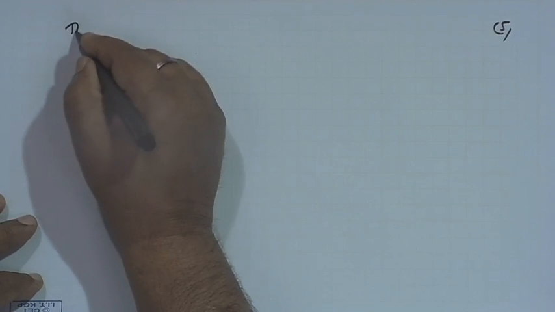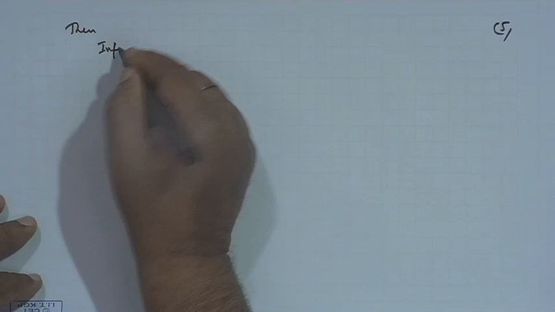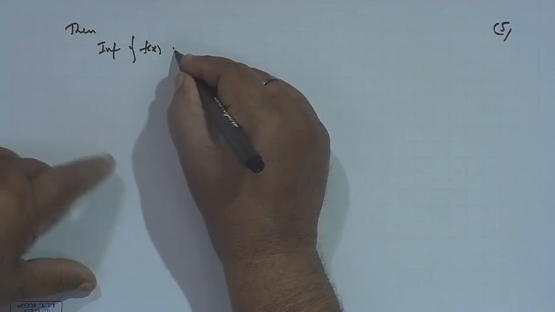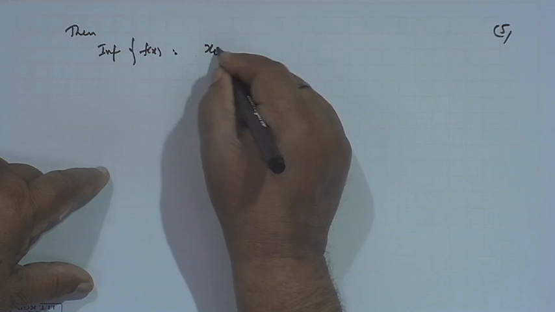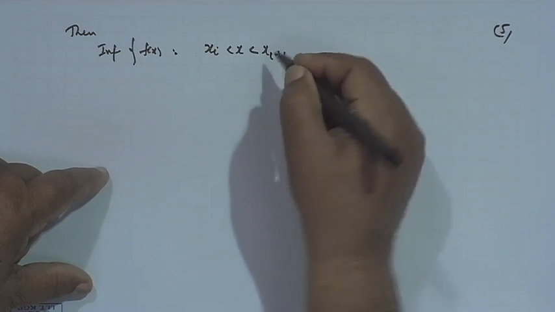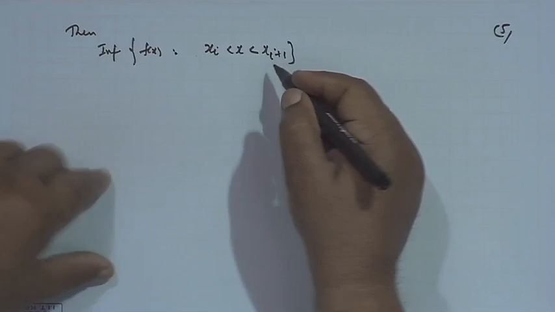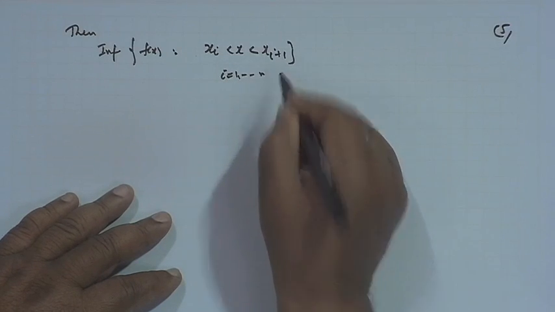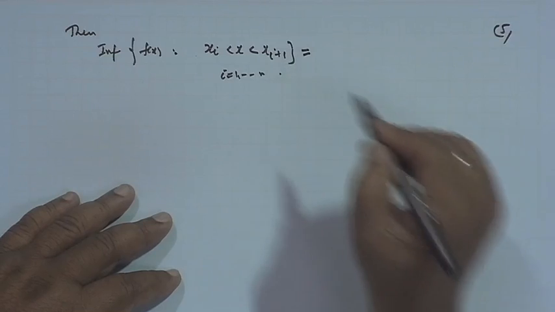Then the infimum of the function f x when x belongs to the interval x i to x i plus 1, for i from 1 to n. What is the infimum value?